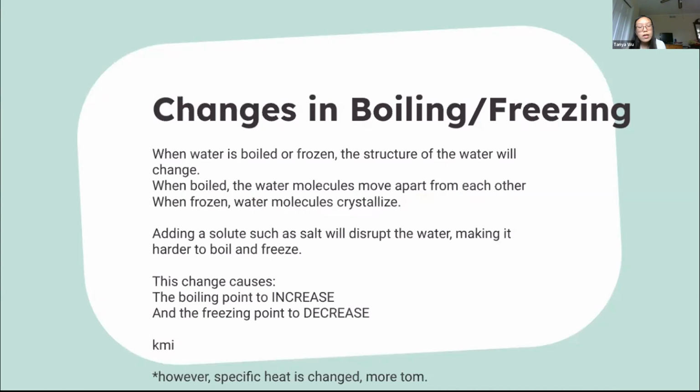So when you add a solute, it causes the boiling point to increase, which means it gets harder to reach the boiling point, and it makes the freezing point decrease, which is why we put salt on the roads. Salt helps the water's freezing point decrease, and if the freezing point is decreased, that means it has to get even colder for it to turn into ice.